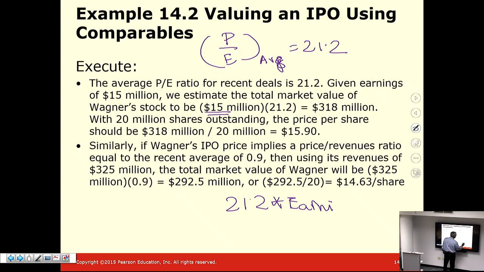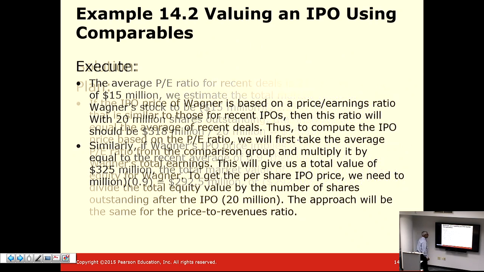You can either do it in total earnings or as earnings per share, whichever way. In this case, we do it in total earnings. So we multiply the total earnings of 15 million with the average PE ratio for the industry of 21.2, and we get 318 million as the total projected value for Wagner. Then we divide that 318 million by the 20 million shares. That's the number of shares that we have available for Wagner, and that gives us an IPO price of $15.90.